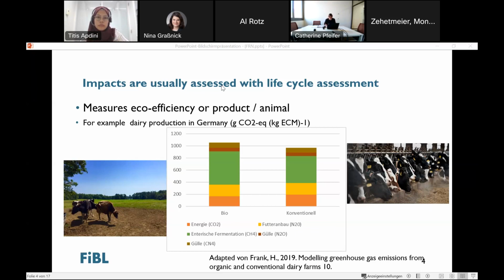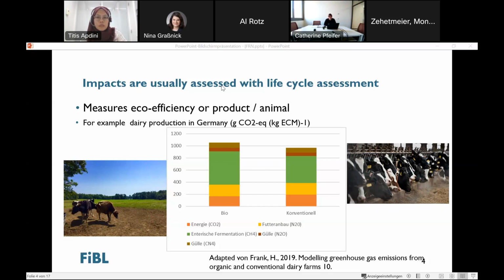And this has a lot to do with eco-efficiency. If we measure the efficiency, or when we measure greenhouse gas per liter of milk, for example, then organic is less efficient.